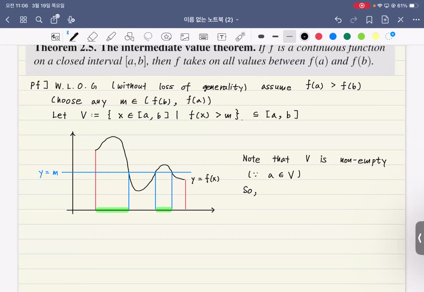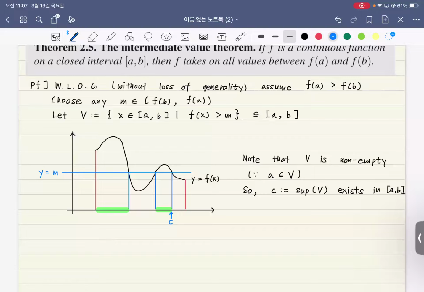So the least upper bound, which I will call c, exists. In this picture, this point must be c, the least upper bound.